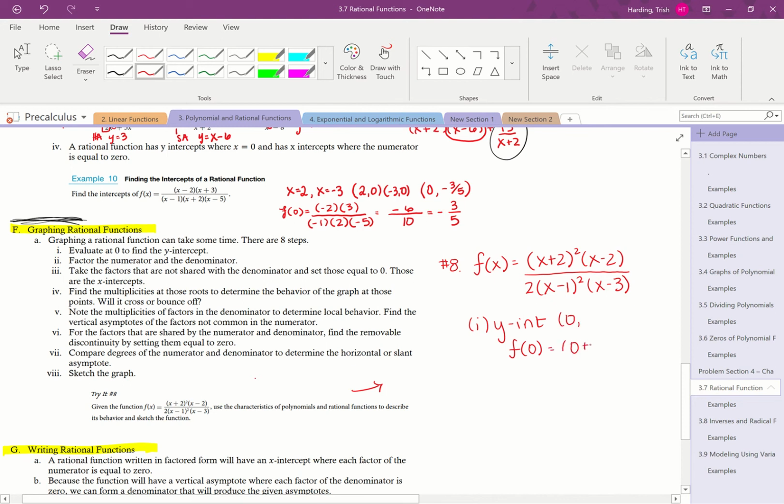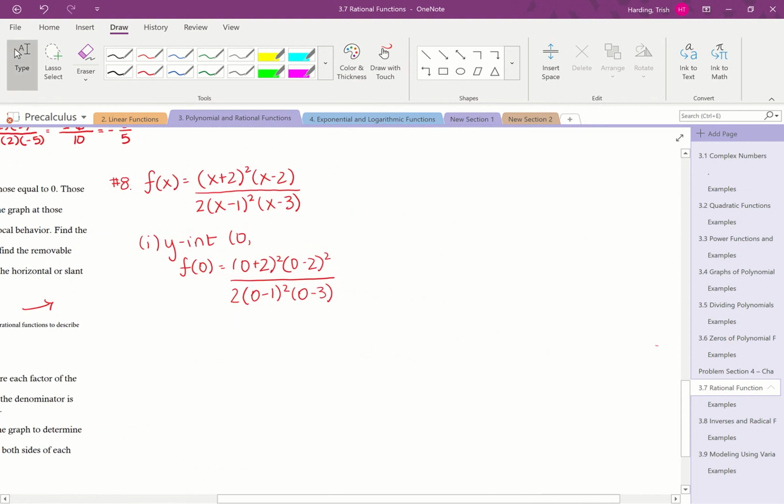So we're going to have 0 plus 2 squared, times 0 minus 2, divided by 2 times 0 minus 1 squared, times 0 minus 3.